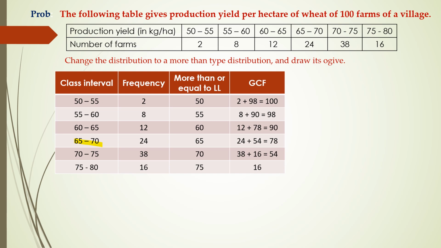It is equal to the sum of its frequency, that is 24, and the frequencies of all its succeeding classes. 65-70 has two succeeding classes, 70-75 and 75-80. Their frequencies are 38 and 16. Therefore, we have to find the sum of all these three frequencies.